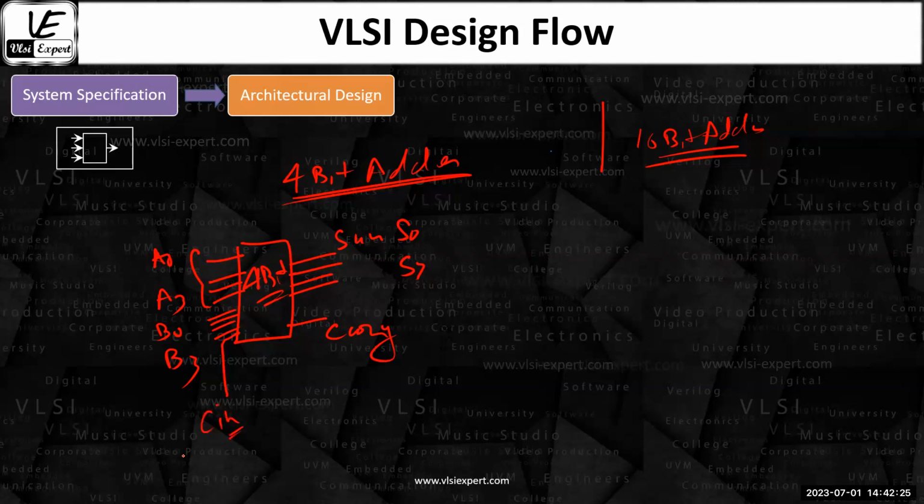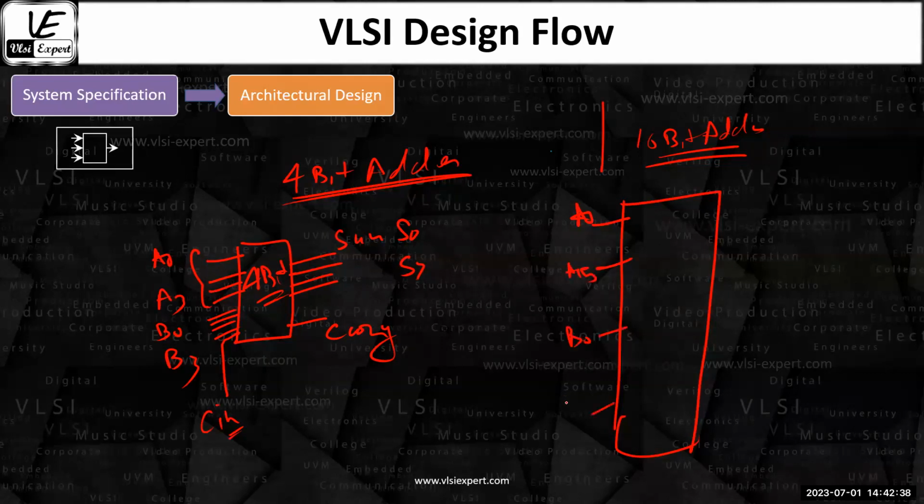Same thing you can design as a 16-bit adder also. So you can say, okay, A0 to A15 and B0 to B15, then one C in, same S0 to S15, and one carry. Now let's see what is the difference between 4-bit and 16-bit.